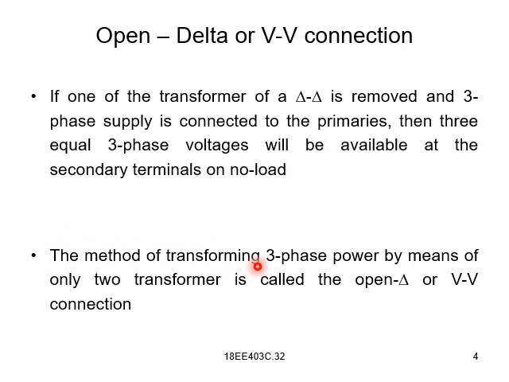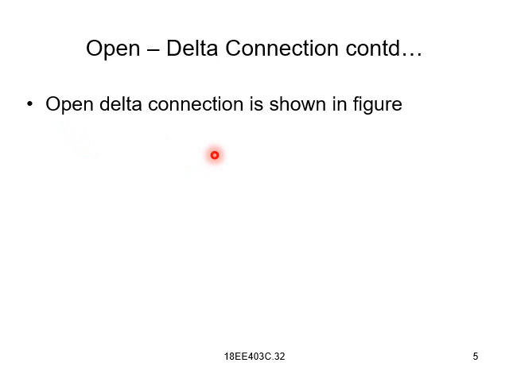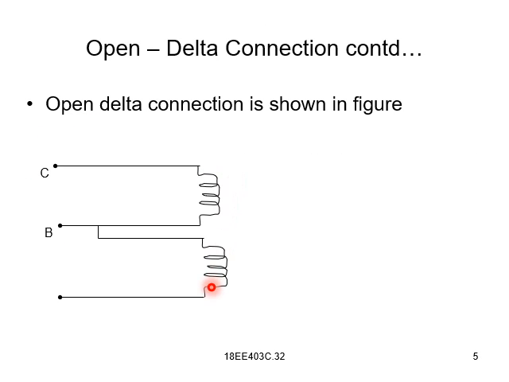And the method of transforming three-phase power by means of only two transformers is called the open delta or VV connection. Are you getting the point? So open delta connection is shown in the below figure. You can see.